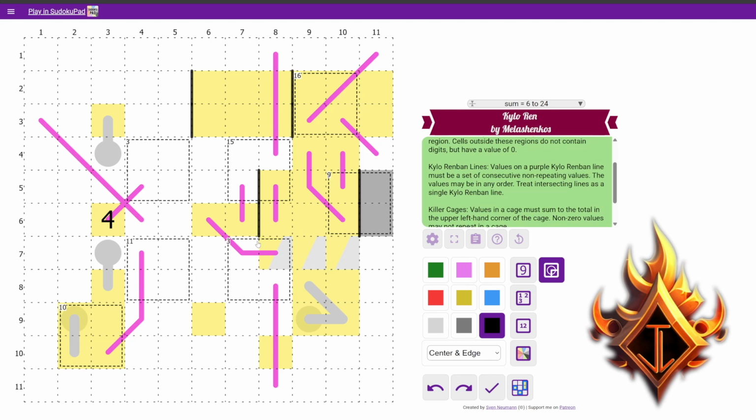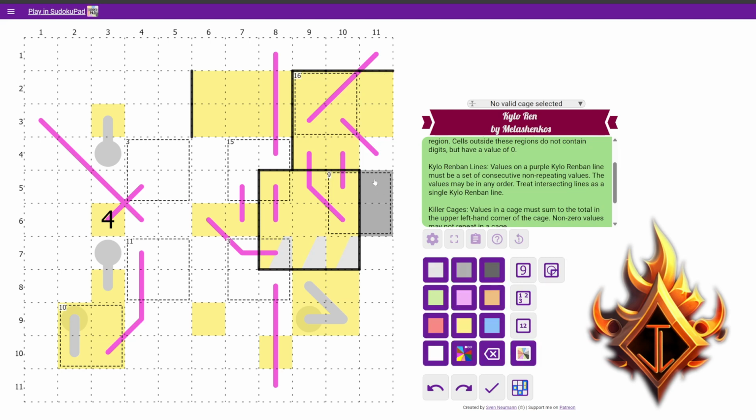I'm gonna just hash those so I remember where I started. So this would look like this. That would be yellow. And then I had a thought here. Did I lose it?